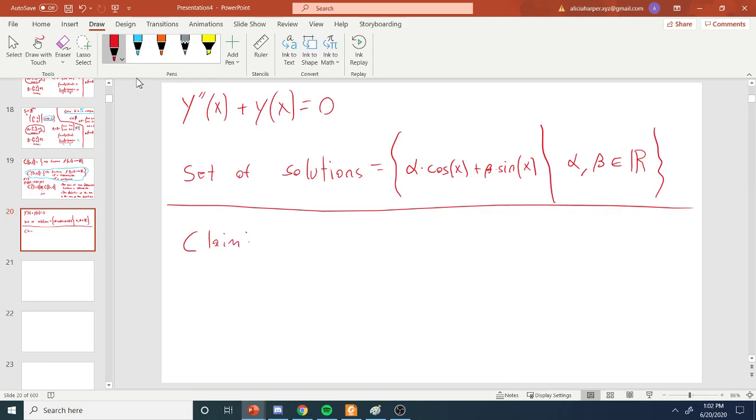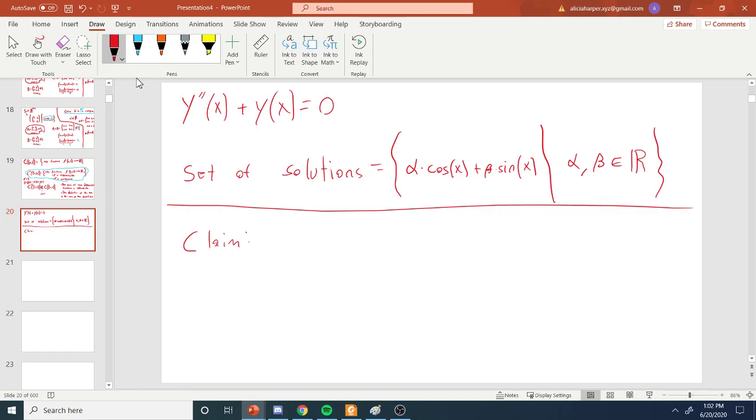Actually, before I say it, I should say one thing. Whenever you're studying differential equations like this, one thing that you're often interested in is posing initial conditions. Initial conditions essentially describe what kind of solution you're looking for.